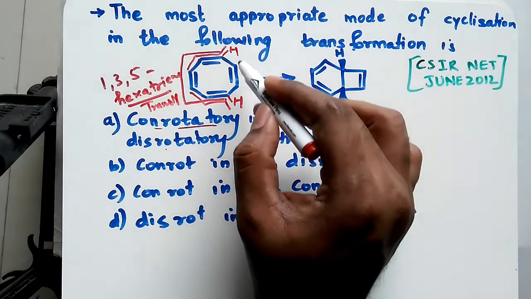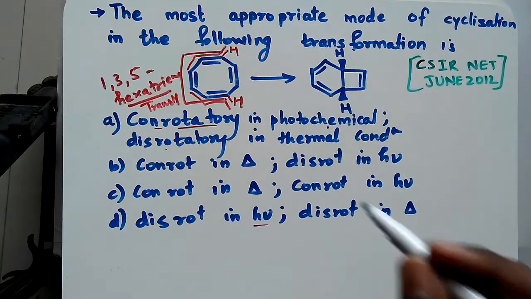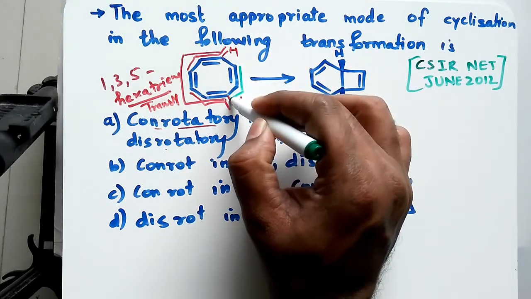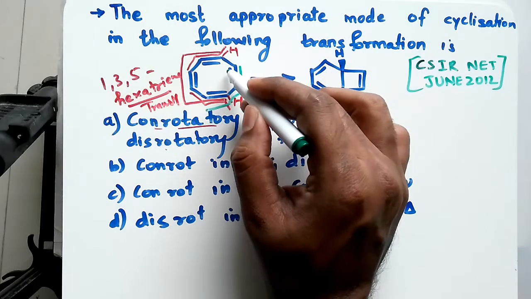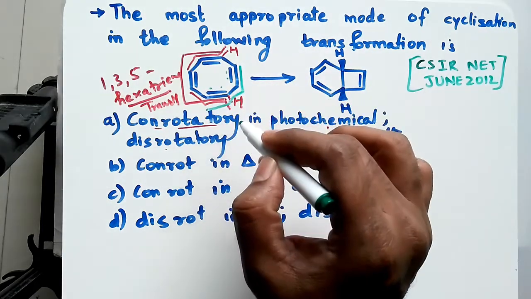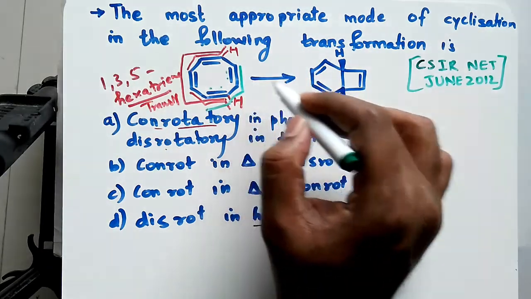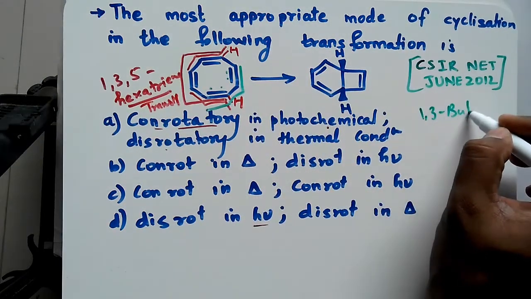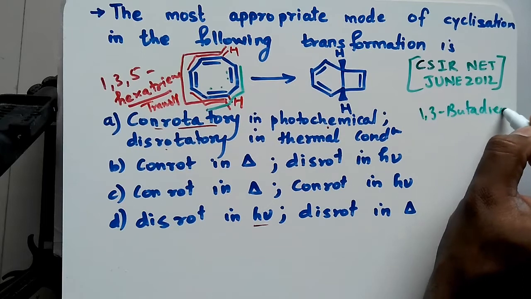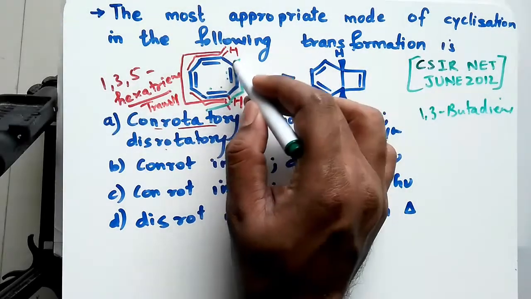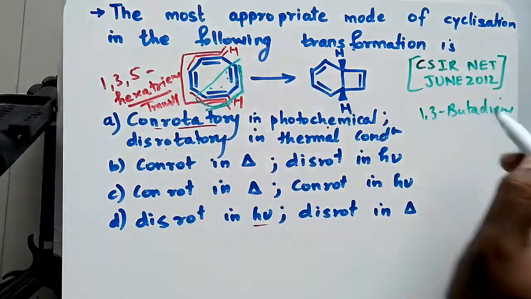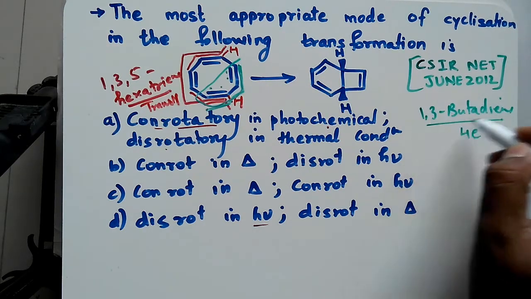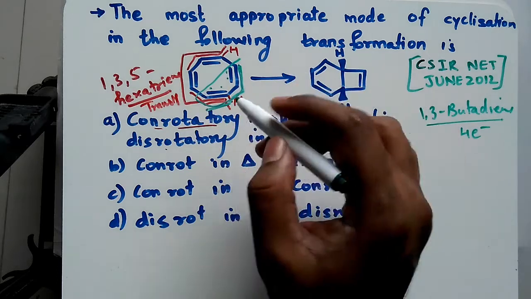The next part will be this part. If you are considering only this part, 1, 2, 3, 4, it is an example of the 1,3-butadiene case. I am repeating again, if you are observing only this part, it is the example of 1,3-butadiene, that is 4 electron, and we have to check the HOMO of 1,3-butadiene in this case.